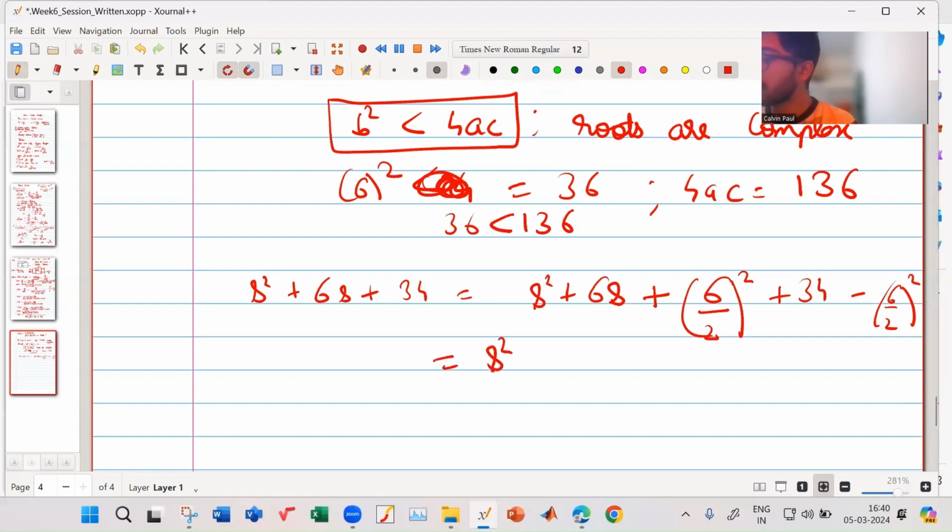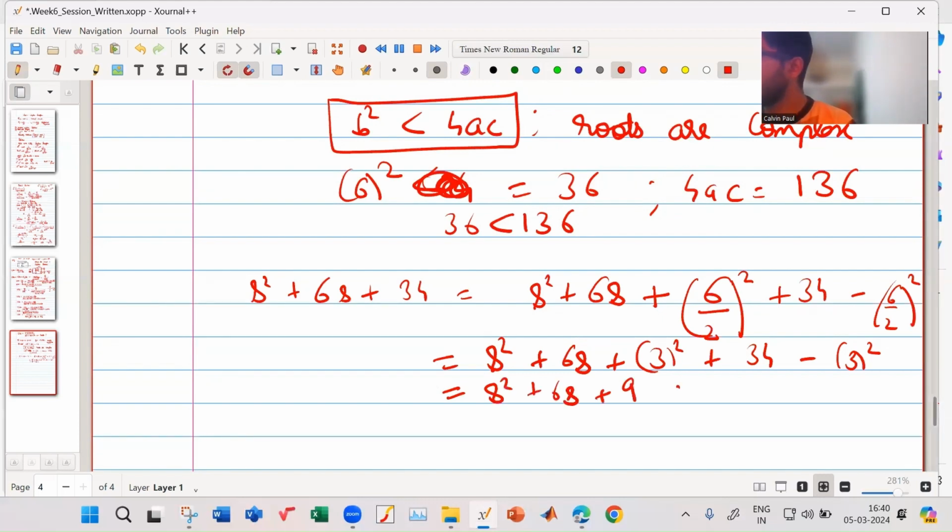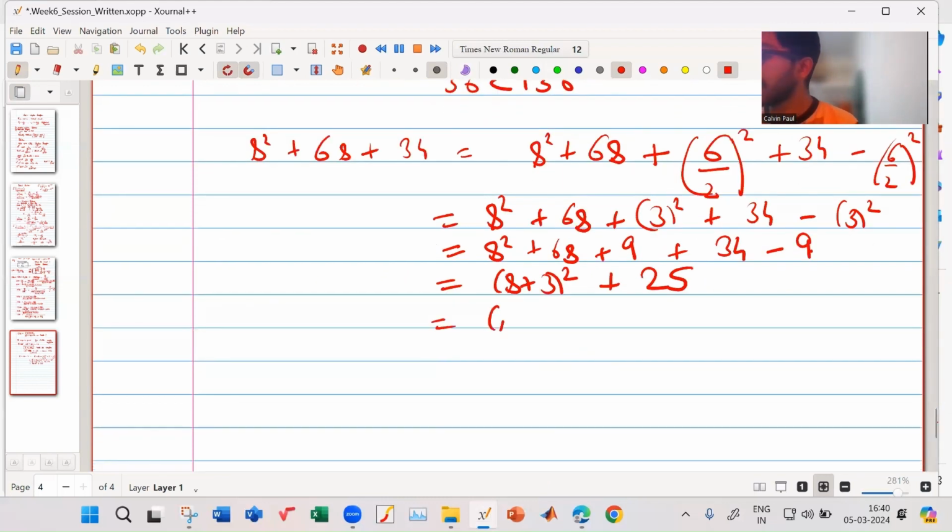That comes out to be s square plus 6s plus 3 square plus 34 minus 3 square, which is s square plus 6s plus 9 plus 34 minus 9. That comes out to be s plus 3 the whole square plus 25, which we further write as s plus 3 the whole square plus 5 square.